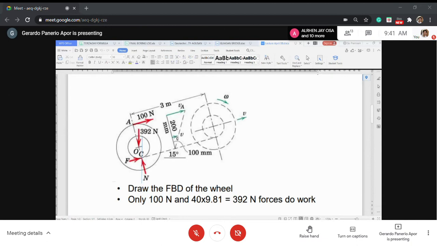Now, if we can solve V, we can also solve V sub A, because it is just a function of V. In fact, it can be solved by ratio and proportion.